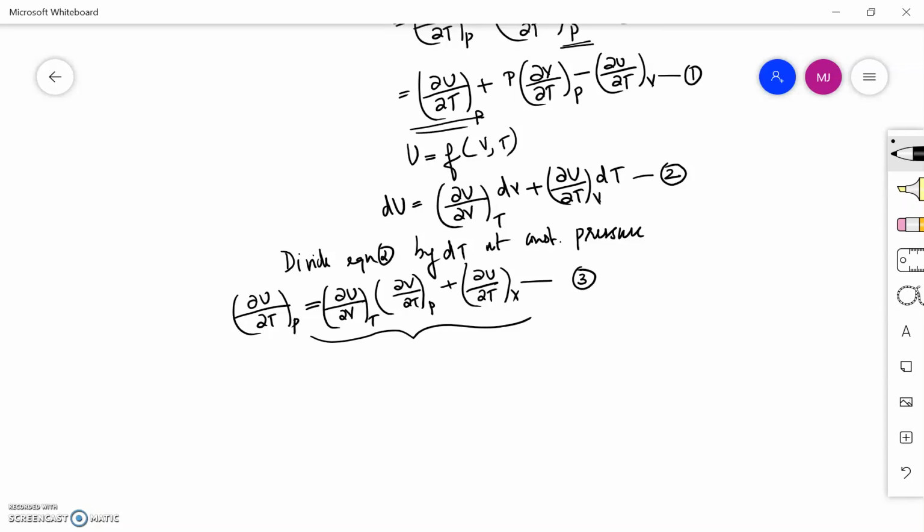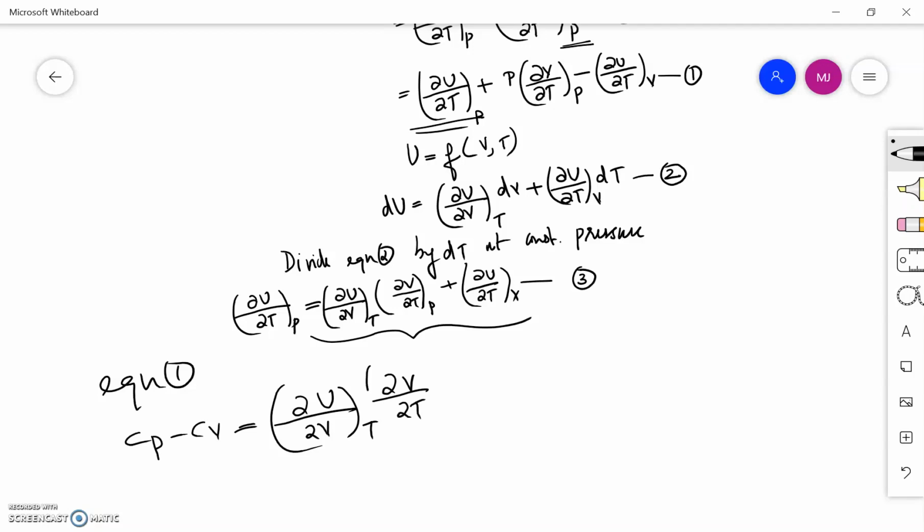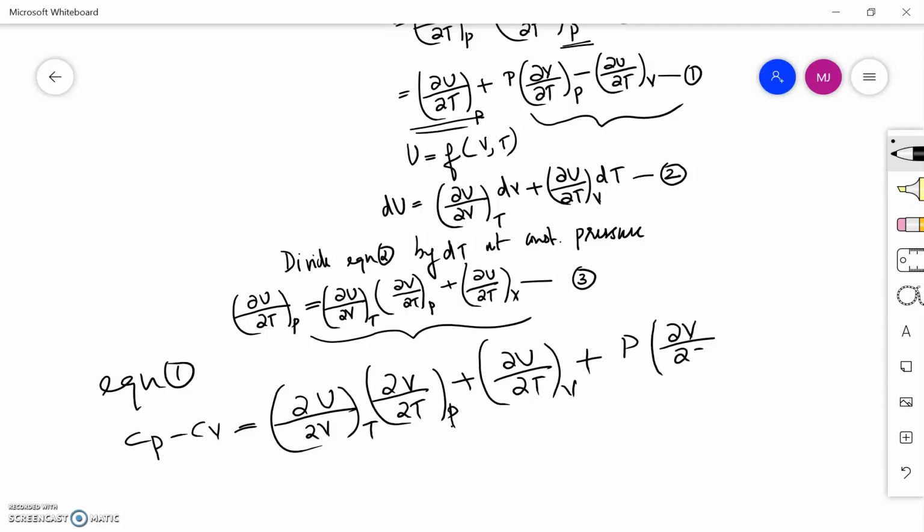So equation 1 will become Cp minus Cv equal to ∂U/∂V at constant temperature into ∂V/∂T at constant pressure plus ∂U/∂T at constant volume, plus the other terms in equation 1, P ∂V/∂T at constant pressure minus ∂U/∂T at constant volume.